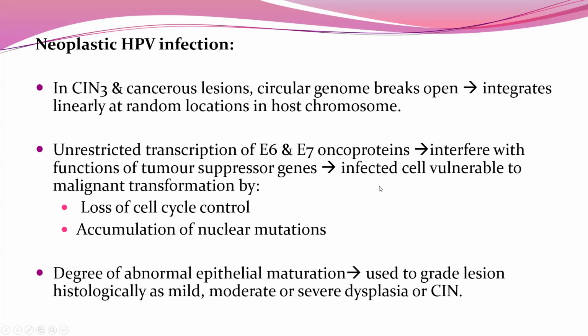The infected cell becomes vulnerable to malignant transformation by loss of cell cycle control and accumulation of nuclear mutations. The degree of abnormal epithelial change is used to grade lesions histologically as mild, moderate, or severe dysplasia, or cervical intraepithelial neoplasia.